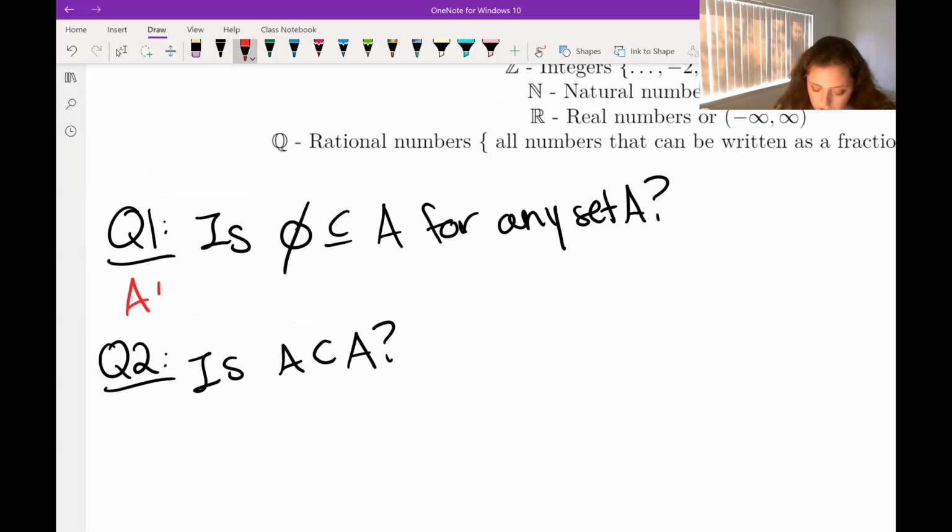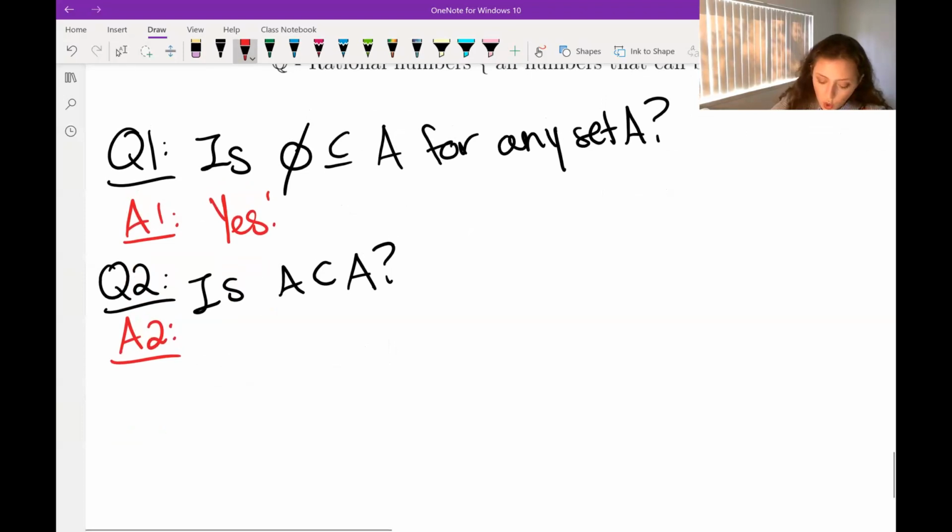All right, answer 1 is yes. Whenever you have a bowl of elements, call it A, you can always choose to grab nothing. That's kind of how I think about it. Answer 2: no, because they're equal.